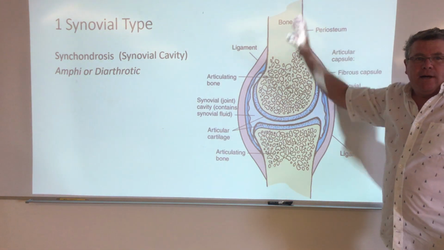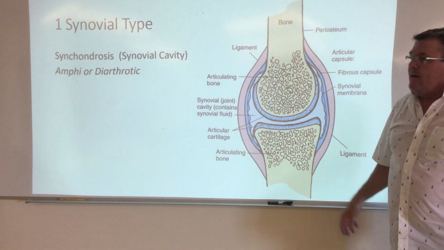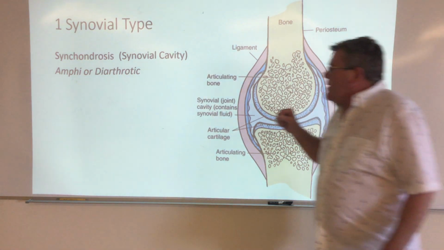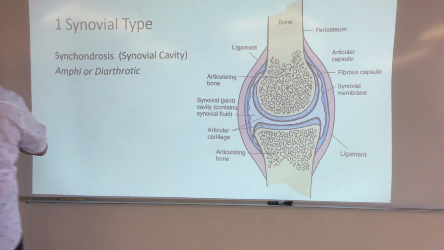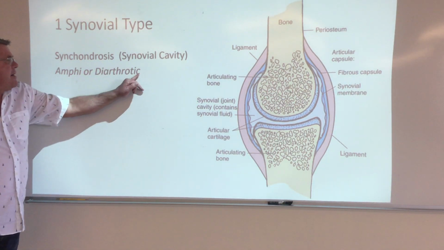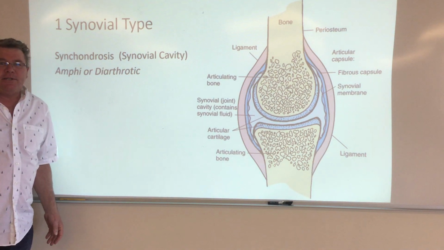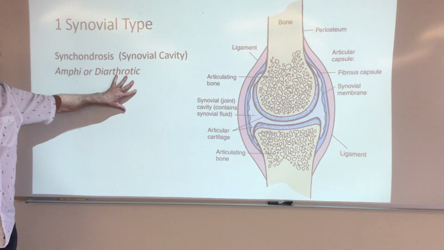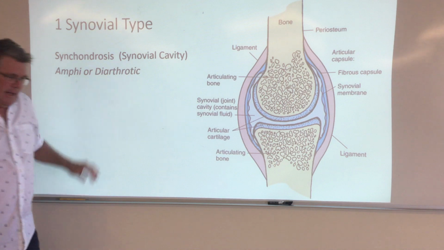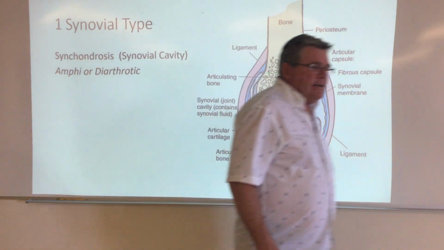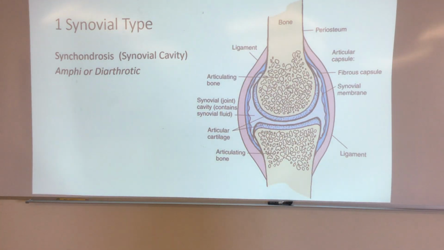I said, we'll come across these again. Well, here they are. These are diarthrotic. The ones that most of us think about with a synovial cavity are diarthrotic. Lots of movement, like an elbow, or a knee, or an ankle.